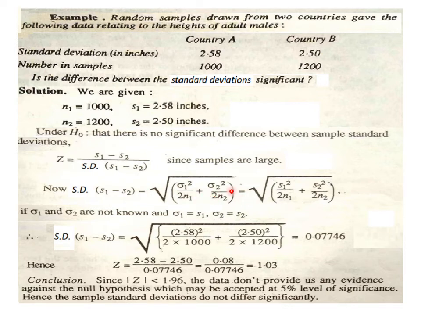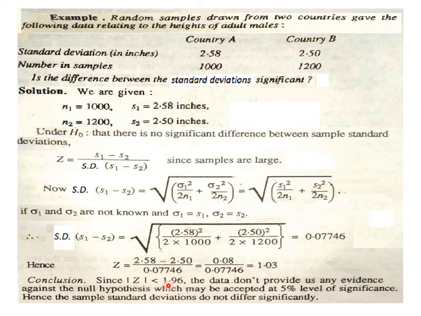But sigma 1 and sigma 2, the standard deviations of the populations from which these samples are taken, are not given directly, so we assume that sigma 1 is S1 and sigma 2 equals S2. Using these expressions, the final formula for SD of S1 minus S2 is there, and we substituted values in that formula to obtain its value, 0.07746. Using this value and the S1 minus S2 numerator, the value of Z is finally calculated as 1.03.